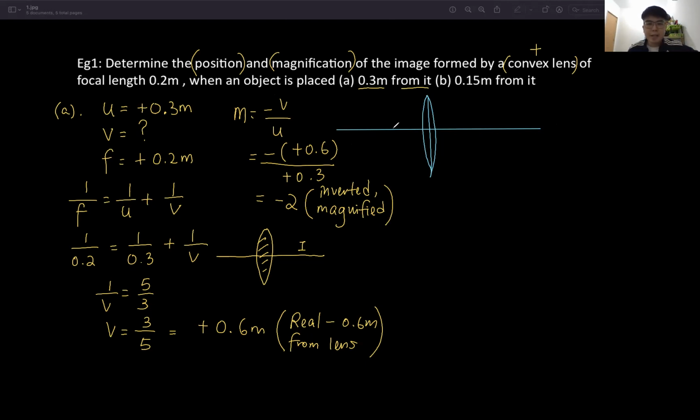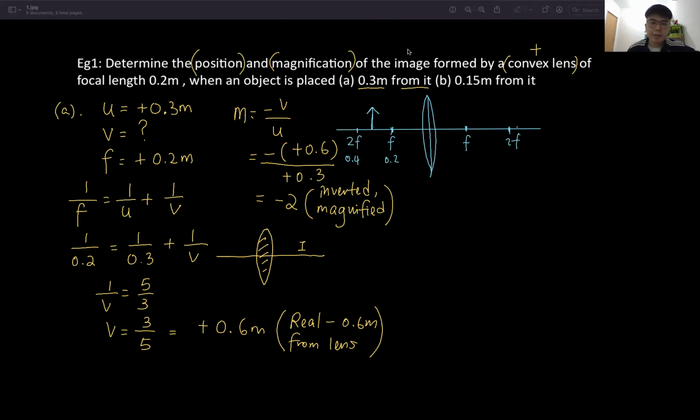If f is 0.2, 2f is 0.4. This is 0.2, this is 0.4. 0.3 is somewhere in the middle. So that is u bigger than f, less than 2f. Then you have to roughly measure the same distance, otherwise you get a different answer. You have to make sure that your focal length is the same distance here, and you have 2f over here.